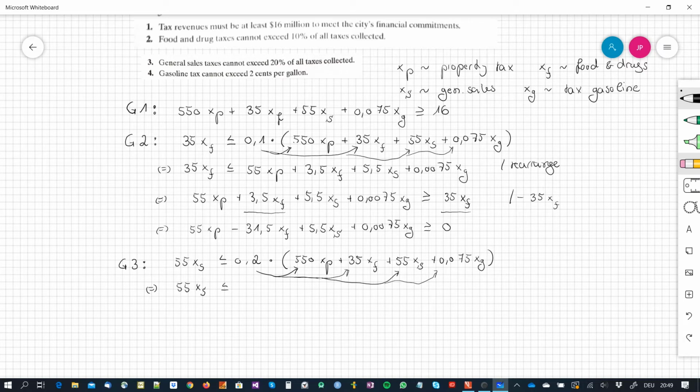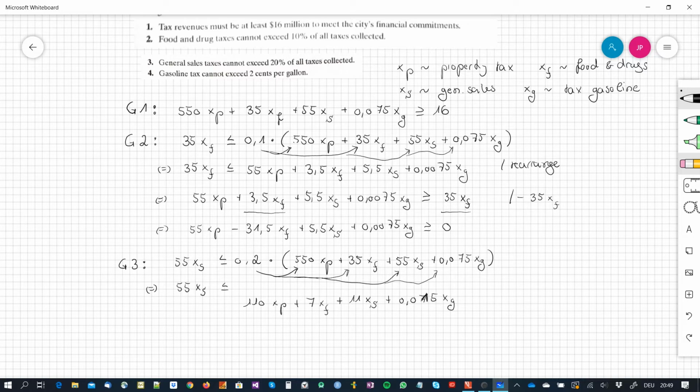And this is then 110 XP plus 7 XF plus 11 XS plus 0.015 XG.